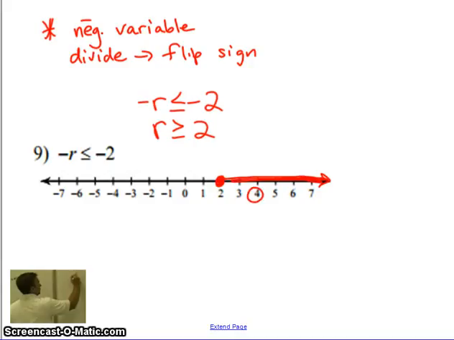Let's choose 4 and plug in 4 for r. Well, -4 is less than or equal to -2. Does that make sense? Yes. And if we plugged in 4 here, 4 is greater than or equal to 2. Does that make sense? Yes. So we're good.